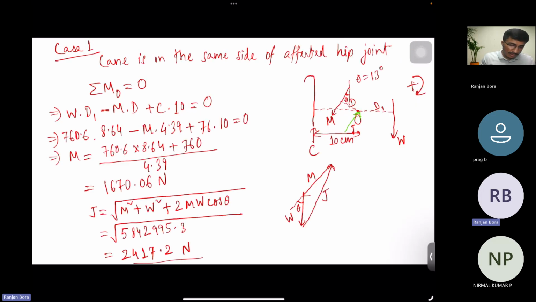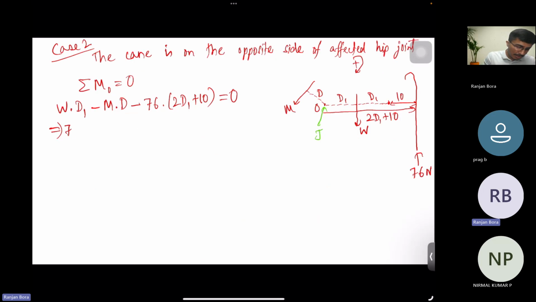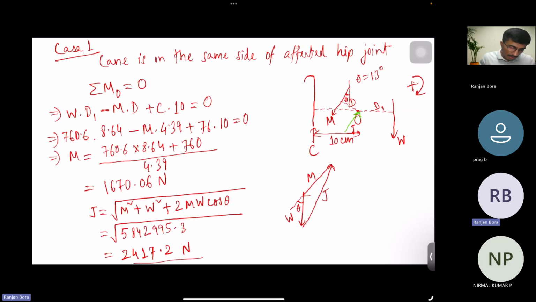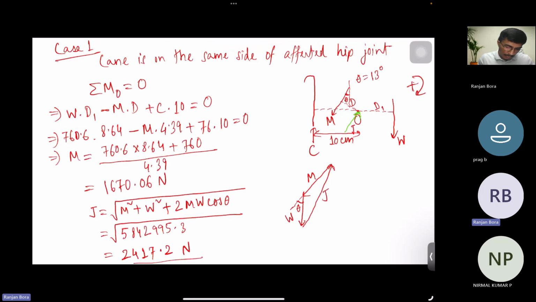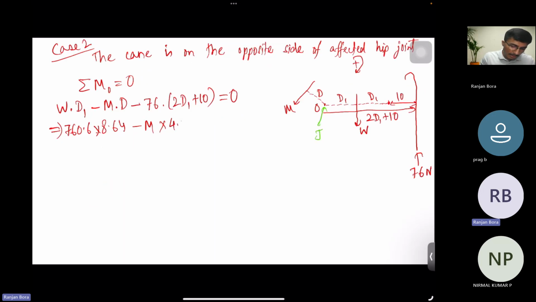W is given 760.6 dot D1 is 8.64, minus M. D is given 4.39, minus 76 dot 2 into 8.64 plus 10.